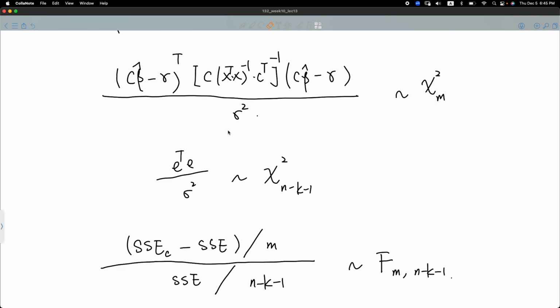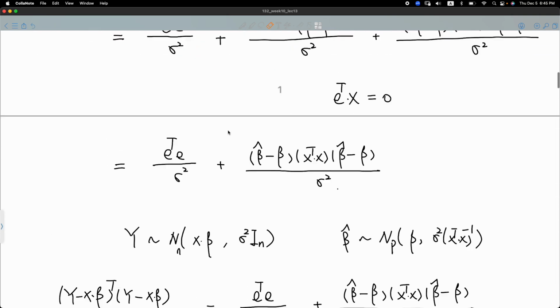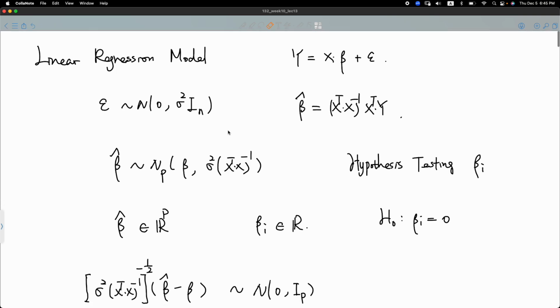So just to summarize before I end this lecture, the idea for this lecture is to provide you the statistical reasoning why we are able to perform hypothesis testing for the beta i for the linear regression model without the constraint.